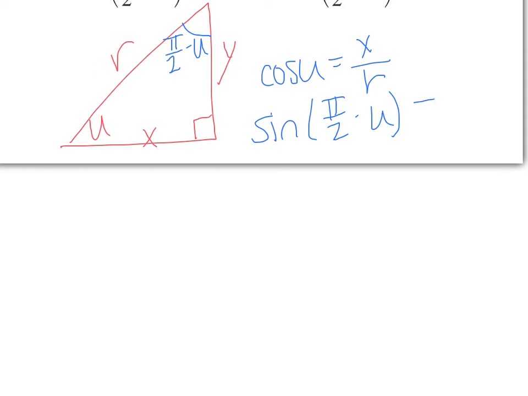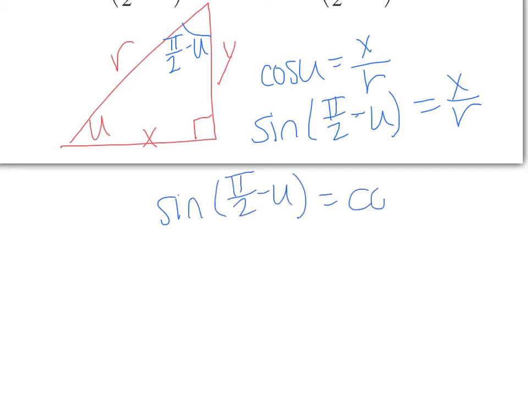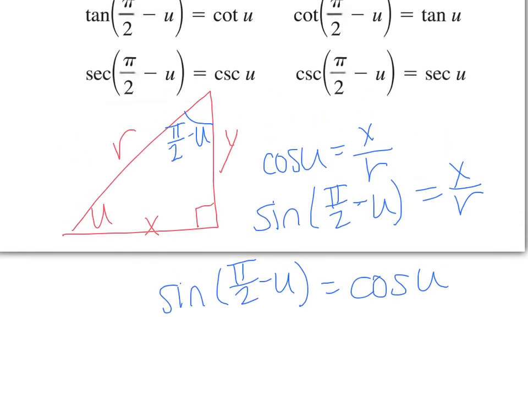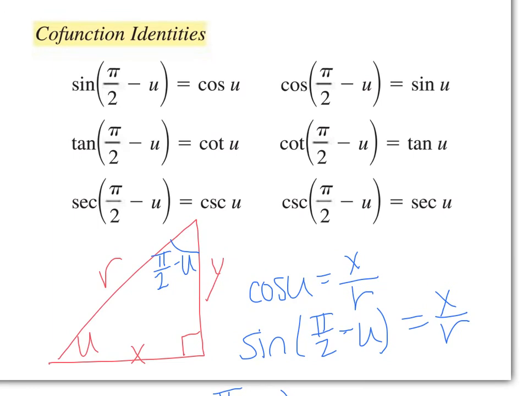This is also going to equal x over r. Well, x and r can only have one meaning, so these two are equal to each other. Sine of pi over 2 minus u equals cosine u. And the rest of them are derived very similarly. They're just using different angles of a right triangle.